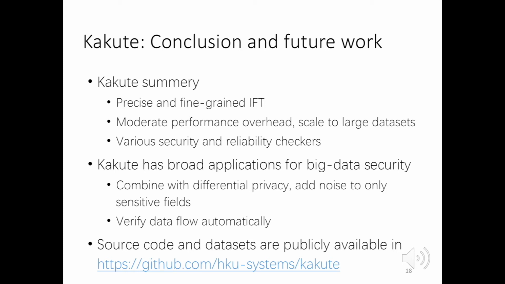Just like other information flow tracking systems such as Titan, Kakute has broad applications for improving big data security in the future. For example, we can combine it with differential privacy and add noise to only the sensitive fields. And we can also use it to verify data flow automatically.